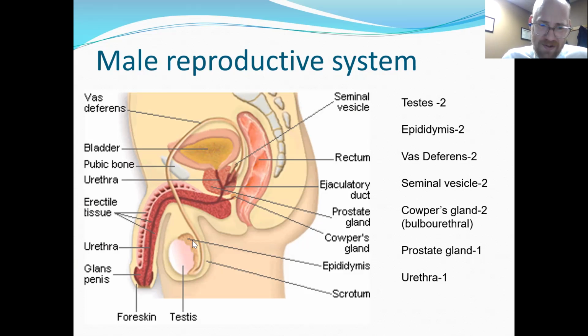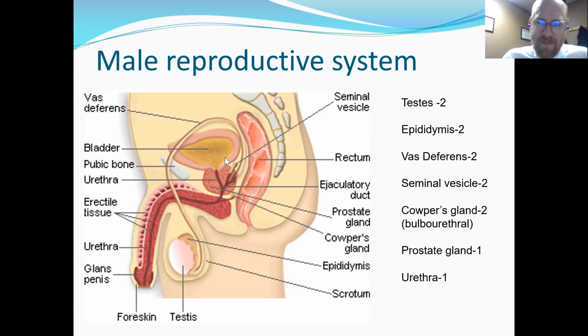You can see it right here on the back of the testicle. And that opens up into a long duct called the vas deferens. The vas deferens is a tube that runs from the back of the epididymis all the way up to the prostate gland and Cowper's gland. This is where further properties of semen, like sugar, water and other things, are secreted along with the semen, and where semen receives its final makeup.